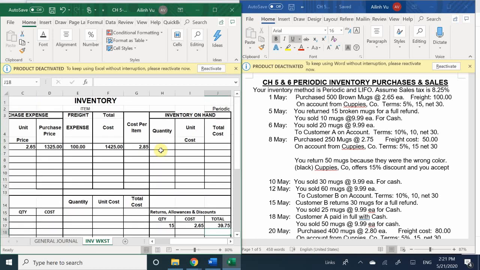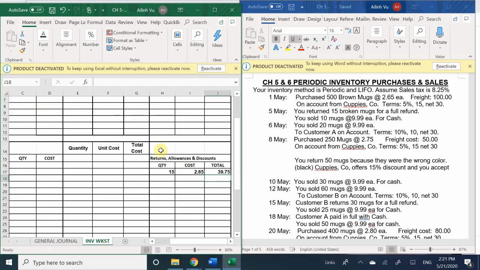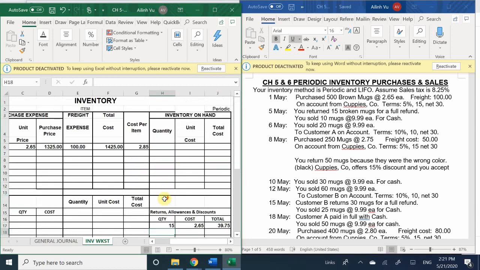All right. So the answer is yes, we do need to recognize it, but where do we recognize it? Under the returns, allowances, and discounts. Why? Because if you look at the very top of this worksheet, it says purchases, purchase expense.